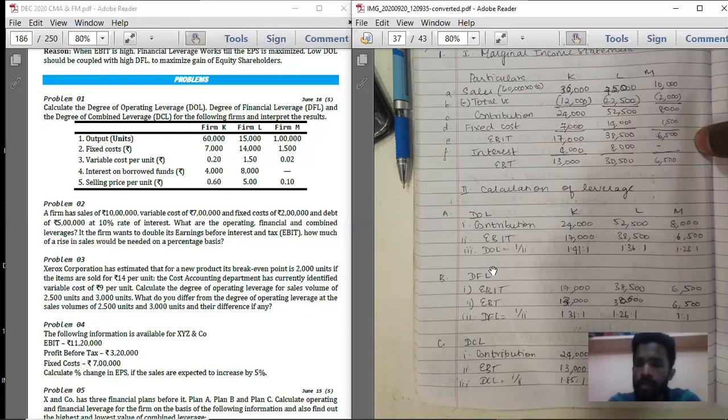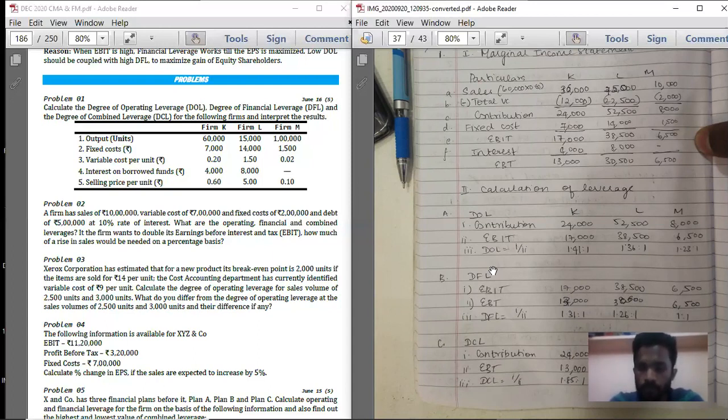For L, 52,500 divided by 38,500 is 1.36:1. And for M, 8,000 divided by 6,500 is 1.23:1.